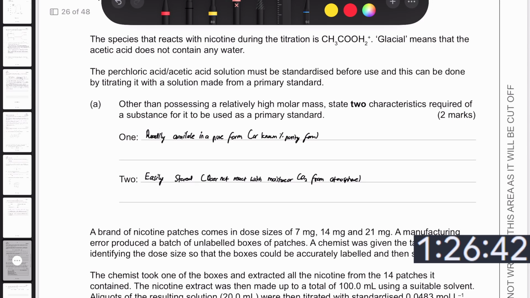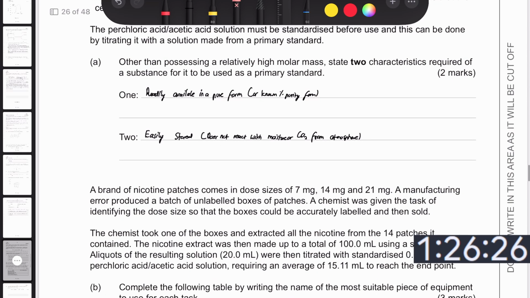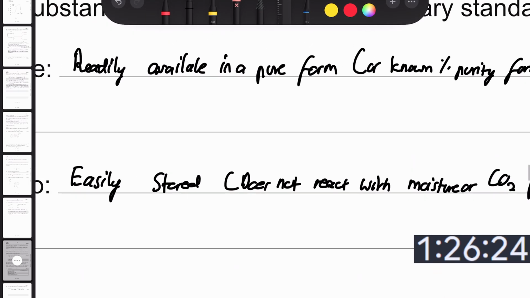So readily available in a pure form and can be easily stored. Does not react with moisture or CO2 from the atmosphere. And I guess a known molecular formula. Easily stored in a stable state.